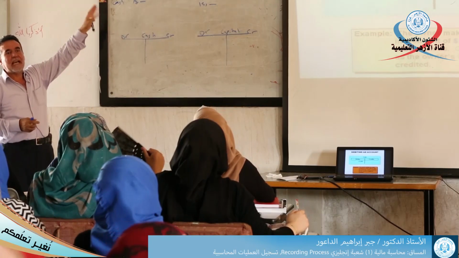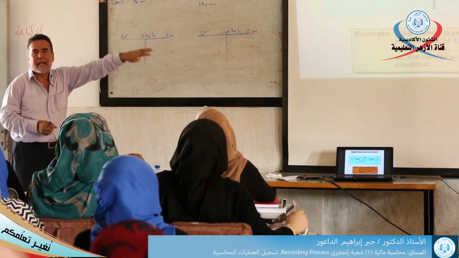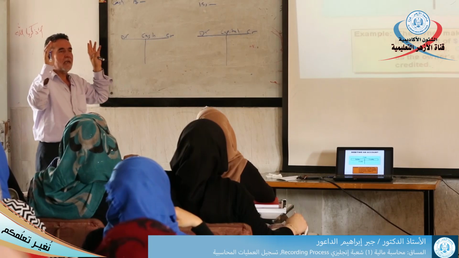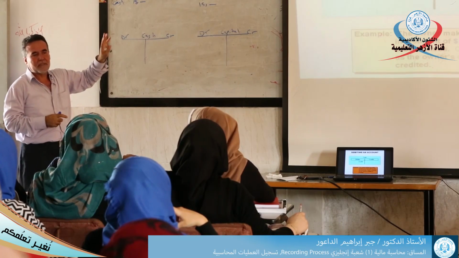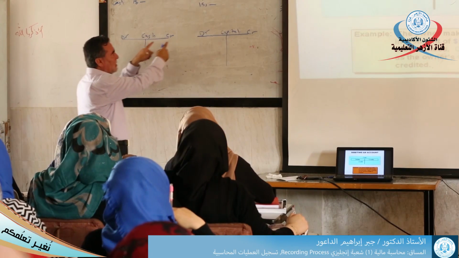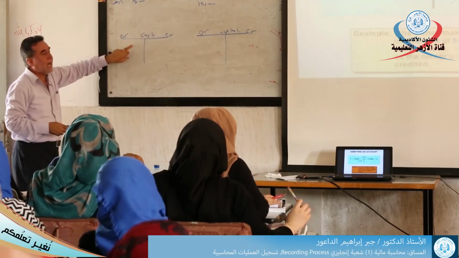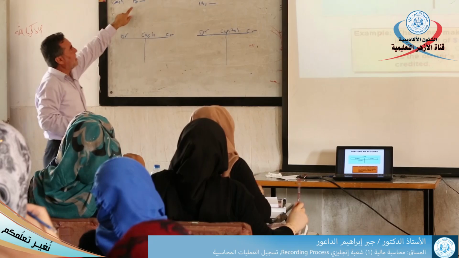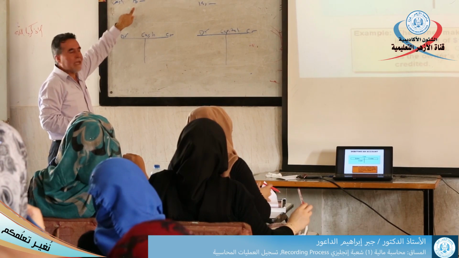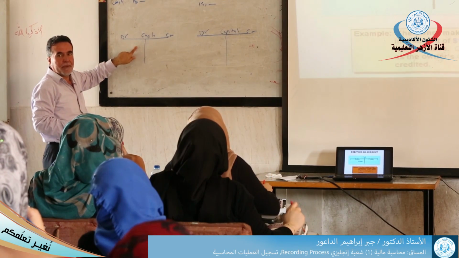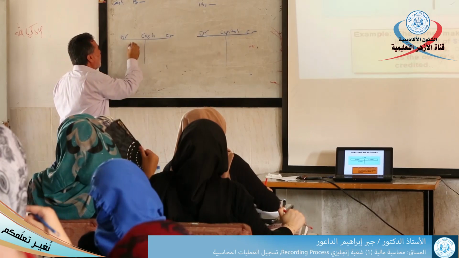We'll translate this to their accounts. So I have here two accounts, cash account and capital account. So in the cash account, the debit side will be increased by 15,000.